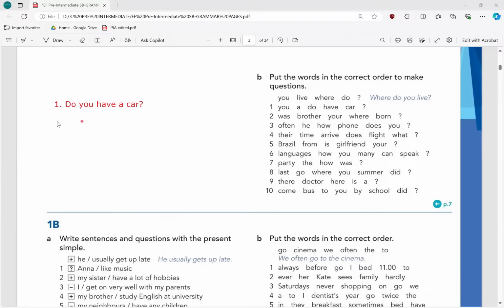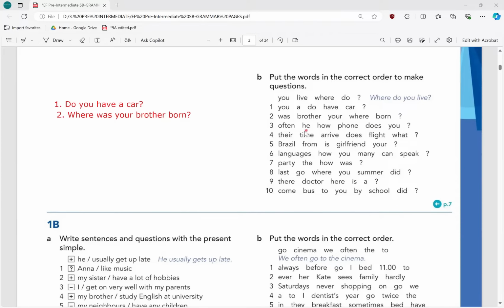Number 3, so we've got here often, he, how, phone, does, you. So we've got here question how, and it's actually question what is how often, right? How often. And then we must use the auxiliary, which is does. How often does, and then who, subject. How often does he? When I say does, so I'm talking about he, she, it. So definitely he here.